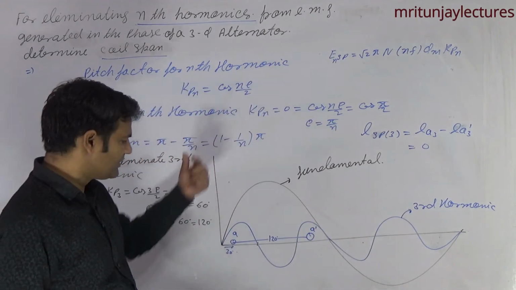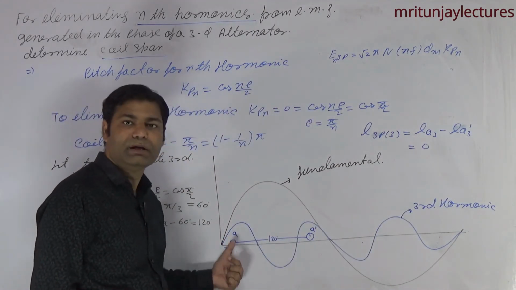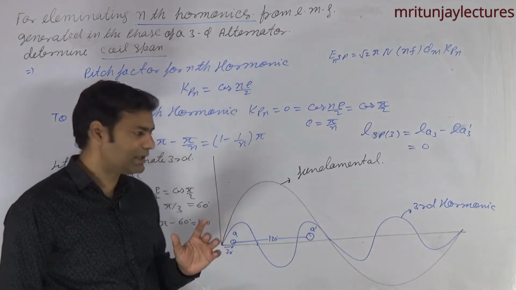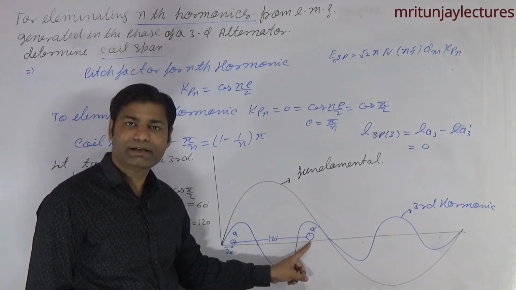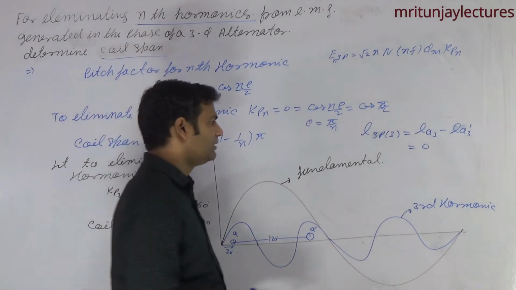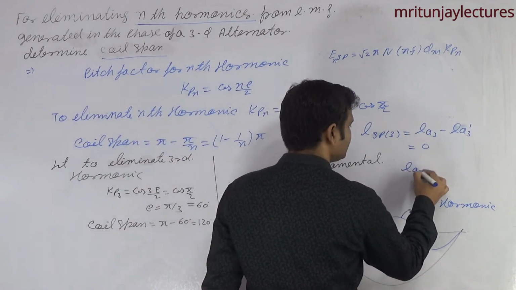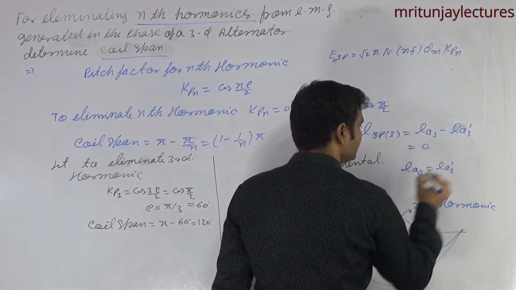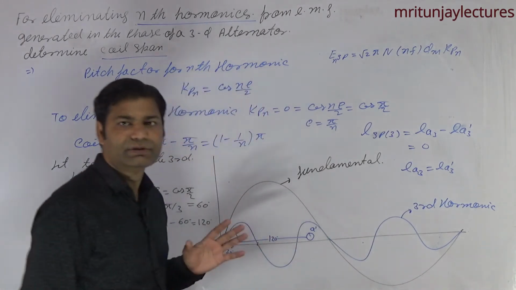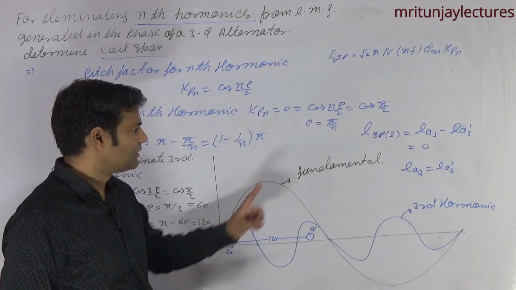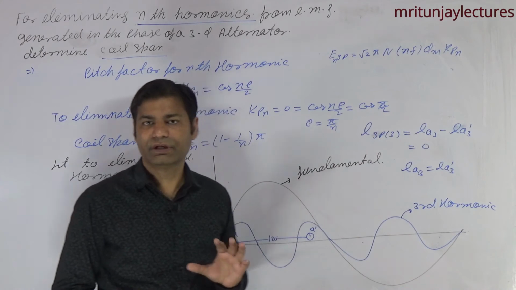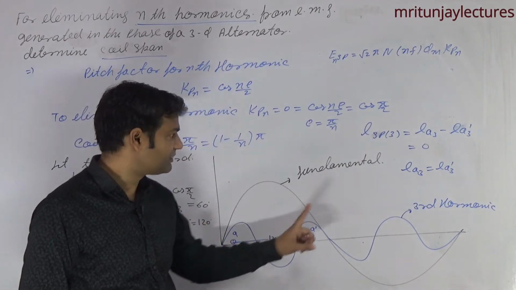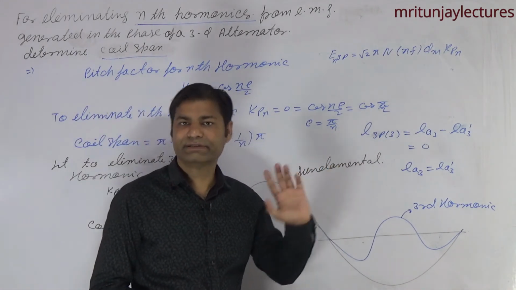Because the induced EMF in the A coil side and in A dash are the same in magnitude and direction. E of A3 is equal to E of A3 dash, that's why the induced EMF is 0. Induced EMF in the coil in the third harmonic is 0.